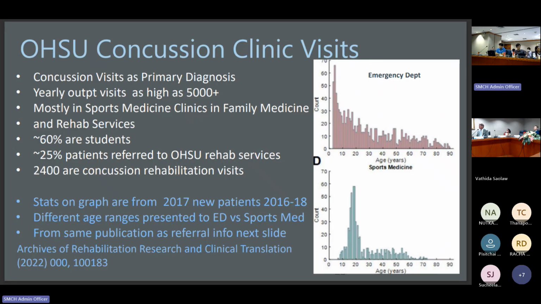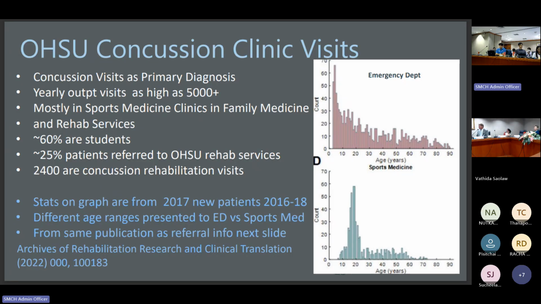Our clinic, as you can see here, is a little bit different. On the right, we have emergency department concussions with an age distribution from the very young to the old. But in our sports medicine department, which is green on the right, you see it clusters around the younger population, although we do see people out to the 60s and 70s.